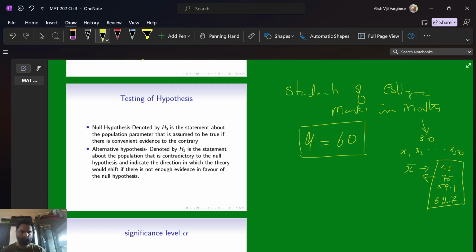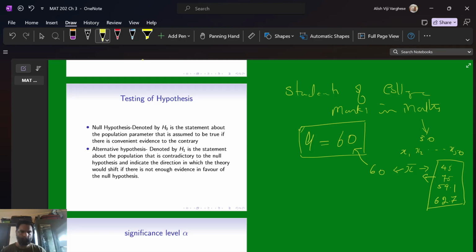So, if we have the value of x bar as 60, then we feel that the statement is true. But what about the other observations? What about x bar equal to 59.1 or 62.7 or 75 or 45? Then whether I can accept the statement mu is equal to 60, or whether it is a wrong statement.